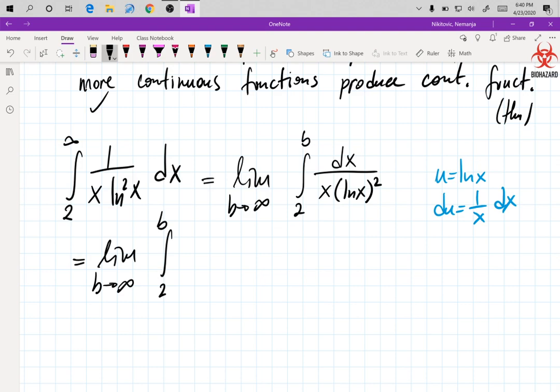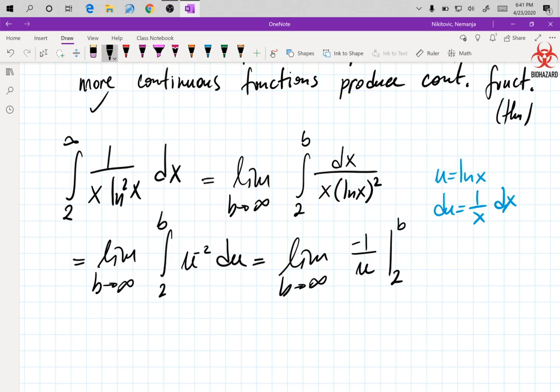So what do I have? I have du over u squared. So that's u to the negative 2 du, which is limit b goes to infinity. When I integrate this, I get negative 1 over u from 2 to b, but u is ln x actually.